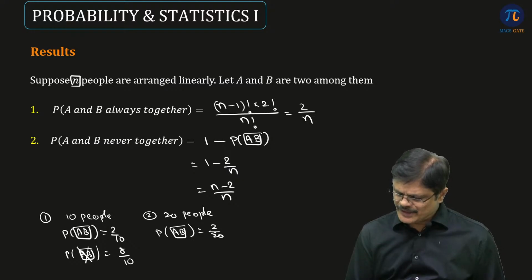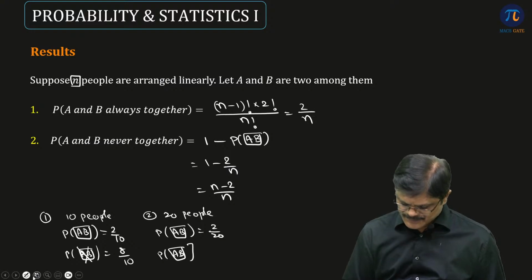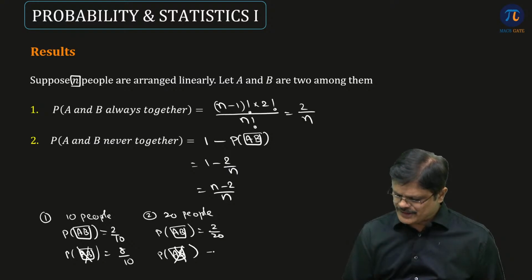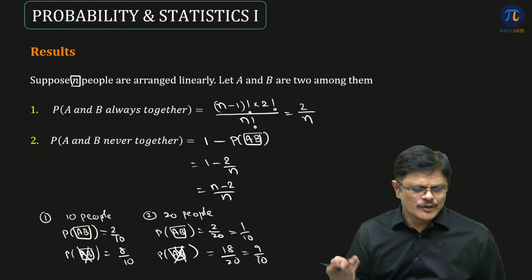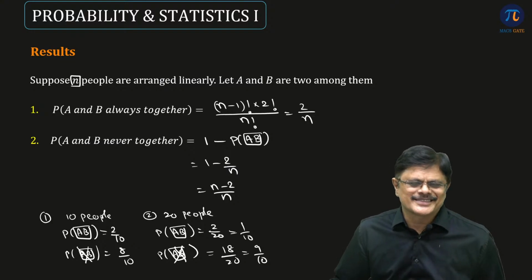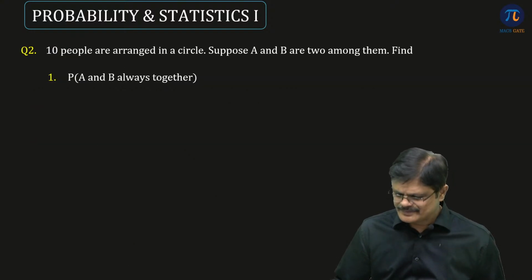That is 2 by 20. What is the probability that AB are never together? That is 18 by 20. If you want, you can simplify it to 9 by 10. You can solve many more problems similarly like this. Is the idea clear?